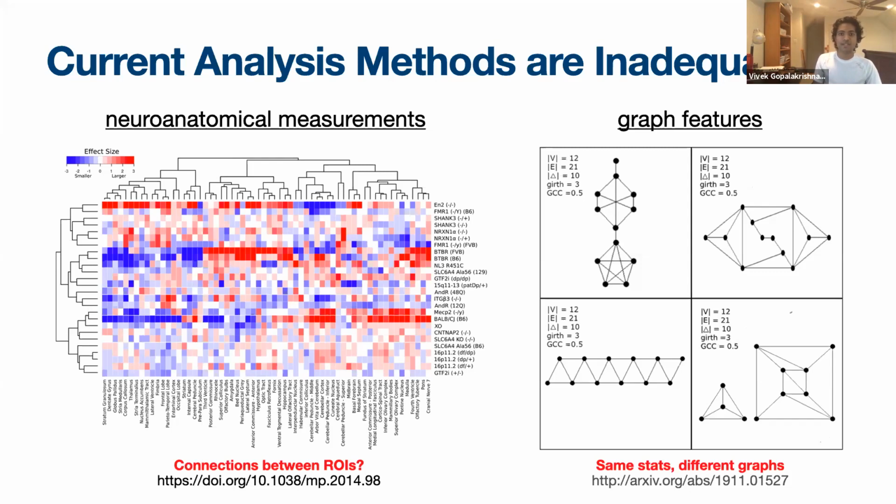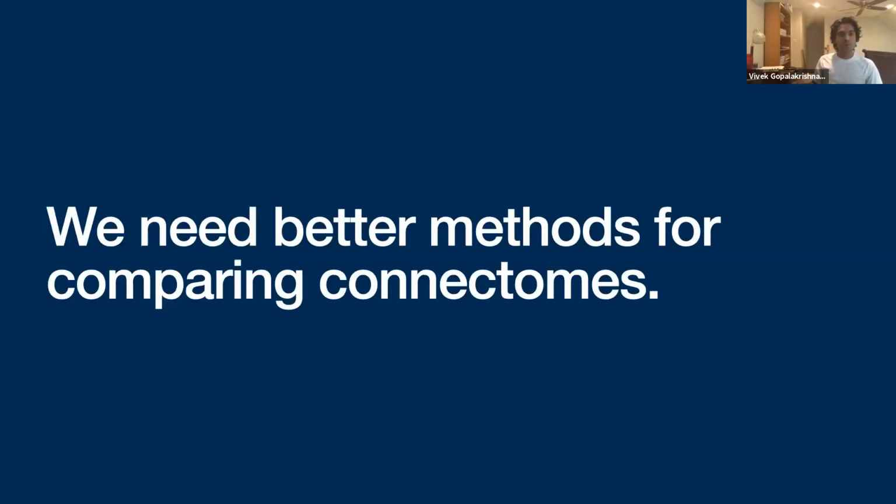It's an analogy to Anscombe's quartet, if you've seen that, where you have 4 different data sets that all give the same linear regression. Well, these are 4 different graphs that all give you the same set of graph features. The point is that if you're using only graph features, you might not capture the true structure of the connectome well enough. And so that really motivates this project, because we need better methods for comparing connectomes.